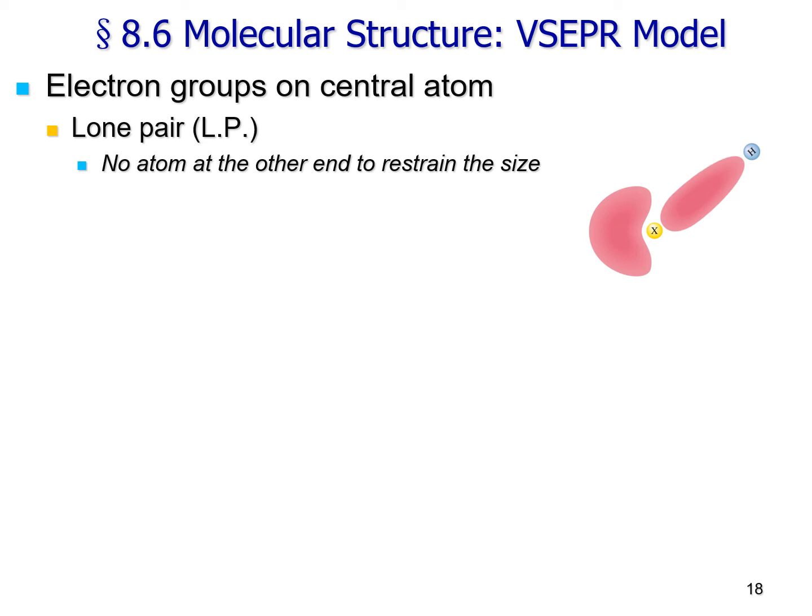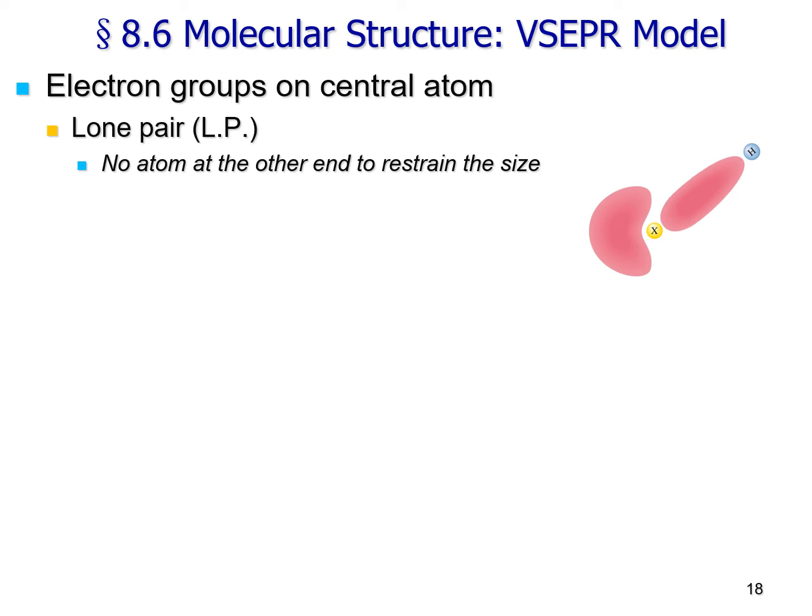The difference between the two is that for a lone pair, there's no atom on the other side to restrain this pair of electrons. Just like this bonding pair, there's another atom to hold it right in the middle, not going in everywhere.